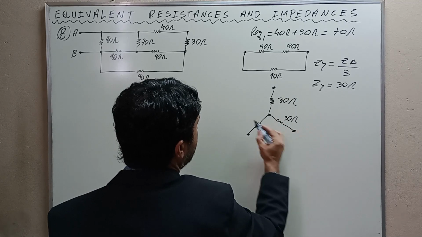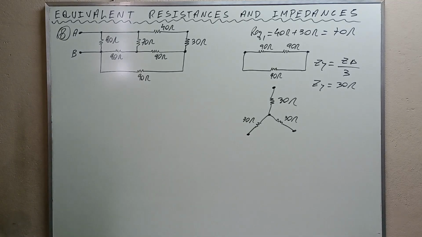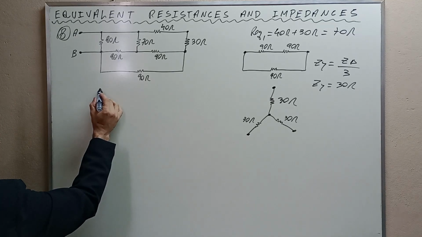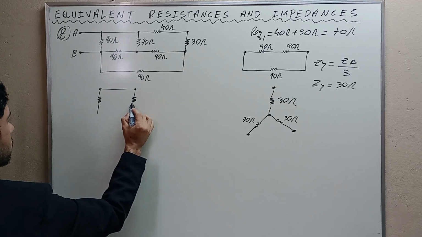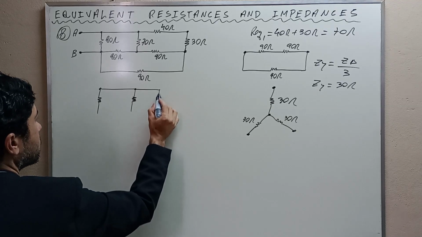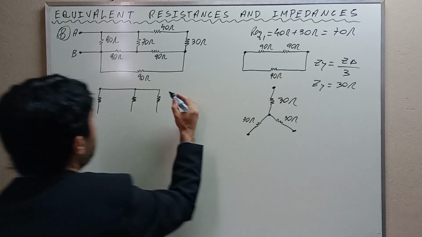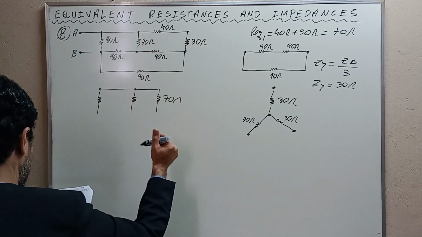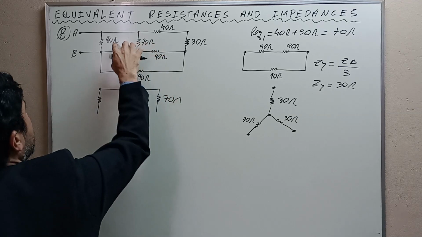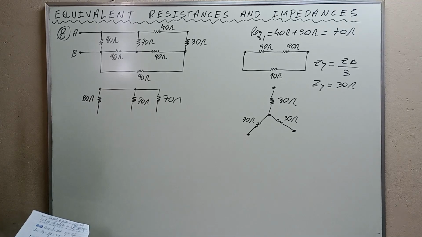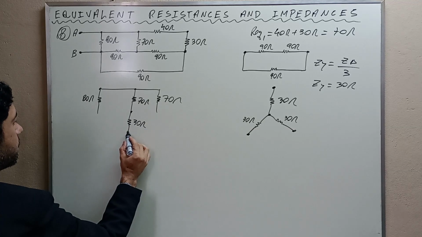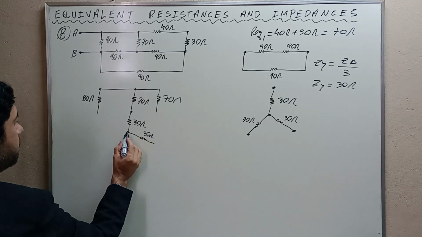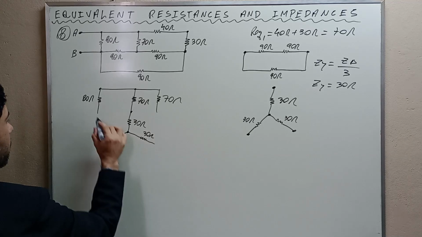30, 30, and 30. This circuit here will be redrawn as, here is 70, from these two, 70 and 80, and now 30, 30, 30, and 30.